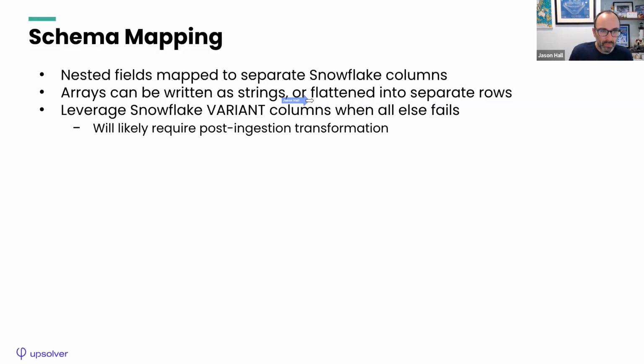Now, within Snowflake, the easy button for this, when it comes to ingestion, is to leverage Snowflake variant columns. Right? A variant column in Snowflake, kind of implied by the name, the data type of that column is going to vary and could contain any type of data. There's a lot of formats, but for the purpose of today's conversation, this variant column would include JSON, right?